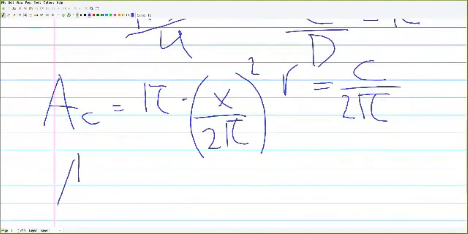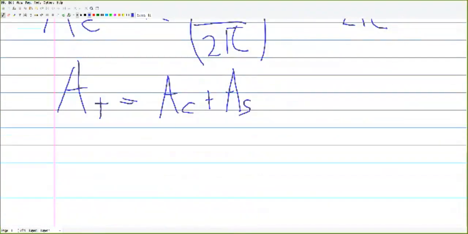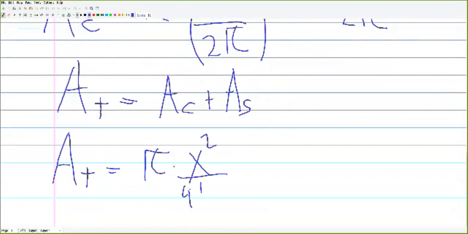And now we want to know the total area. AC plus AS, the area of the circle plus the area of the square. So the total area is equal to AC, which is pi times x squared divided by 4 pi squared, plus the area of the square, which is (L minus x) squared divided by 16.